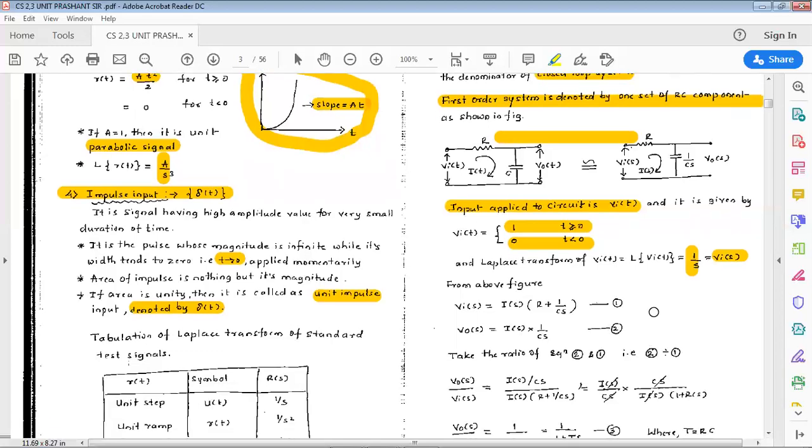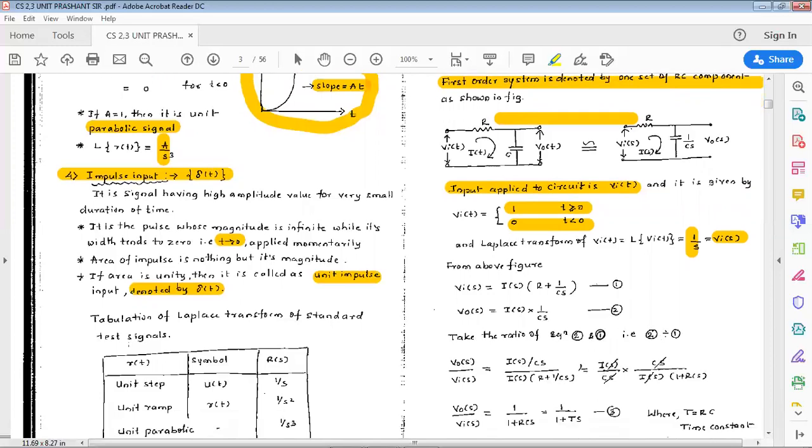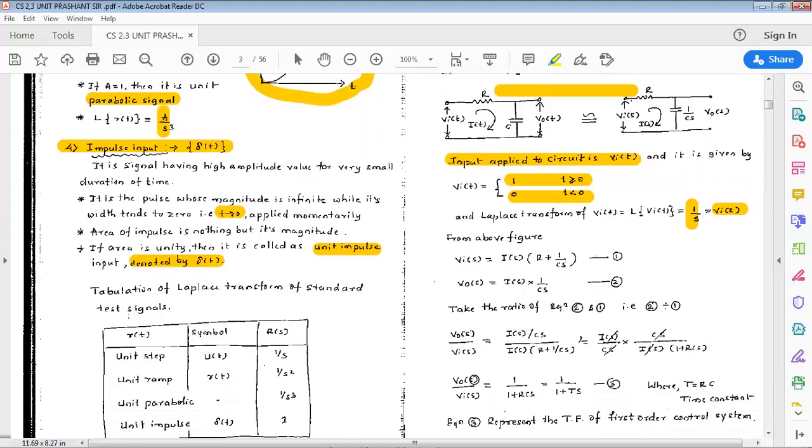To find the transfer function of this first order system or circuit, take the ratio of equation 2 and 1, that is 2 by 1. So Vo of s by Vi of s equals I of s by Cs divided by I of s times (R plus 1 by Cs), which upon simplifying gives Vo of s by Vi of s equal to 1 by 1 plus RCs, which is equal to 1 by 1 plus Ts.